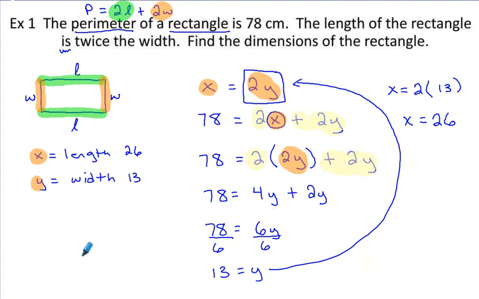Okay, now, we have our information. We just need to put it in sentence form. So it says, find the dimensions of the rectangle. Since we did them in length and width, we would say, the dimensions of the rectangle.